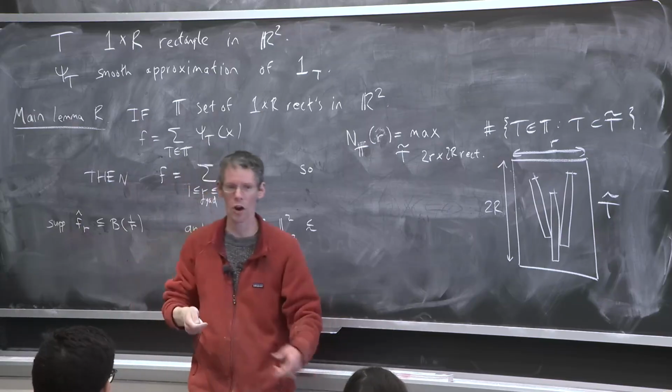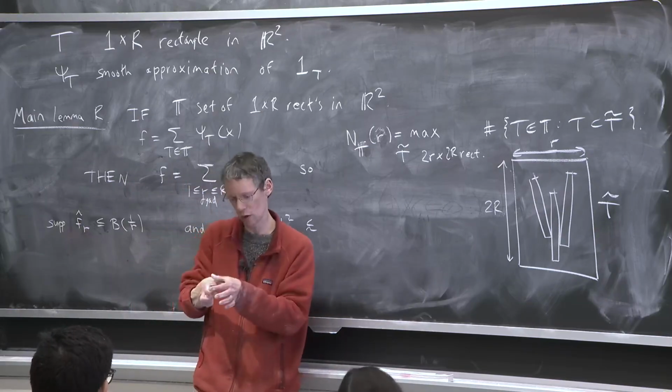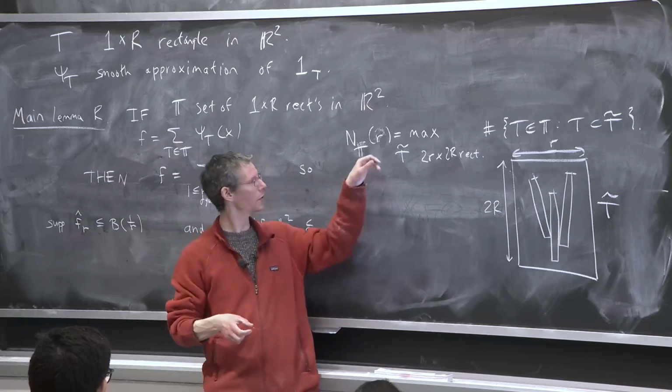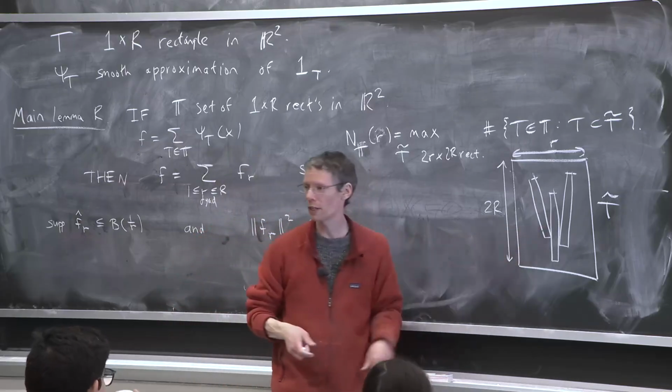So n sub x of r measured whether many of the balls in x were clumped together, and n sub t of r measures whether many of the tubes of t are clumped together.